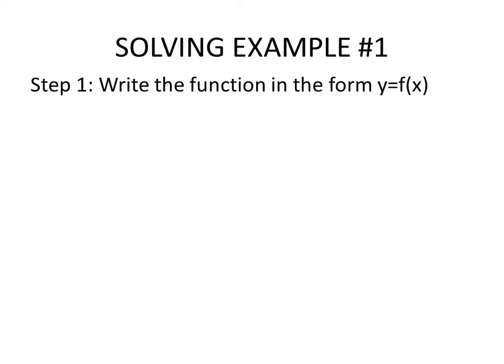Write the function in the form y is equals to the function of x. That is step 1. So if we recall the given function of x is equals to 3x plus 1, we just have to write that in the form of y. So quite easily we can write y is equals to 3x plus 1.